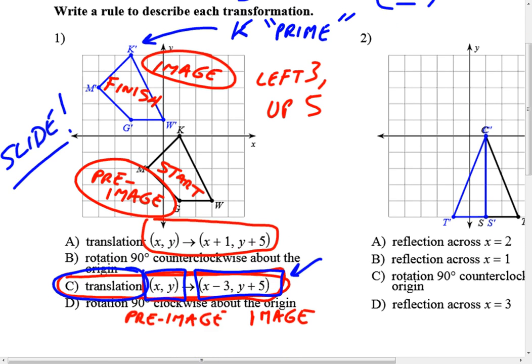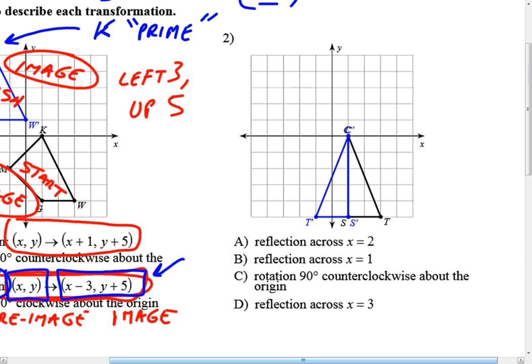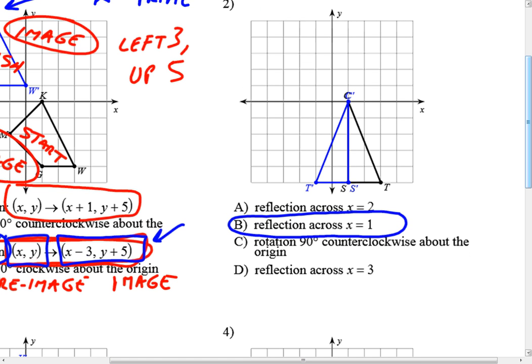Number 2. Raise your hand. Tell me what you have for an answer for number 2. Tim. He's got B. Most people know that this looks like a flip. That's our short term for a reflection.